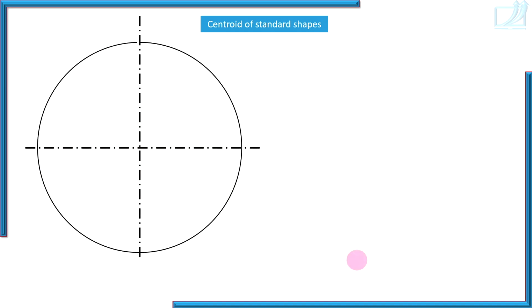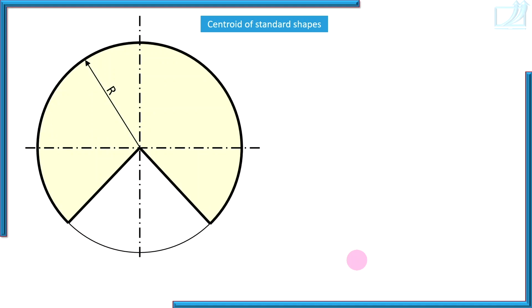Now here is a circle of radius r, but we are not interested in the circular shape. Watch here. This colored area is a sector of a circle. How to find the area of a sector? Two things you must know: radius and semi-angle of the sector.